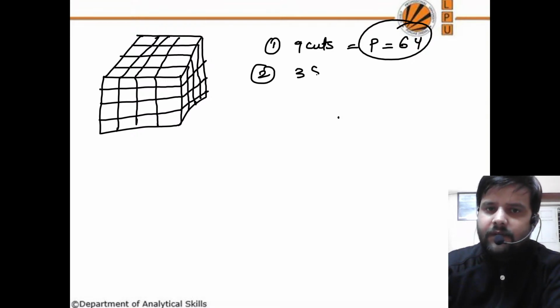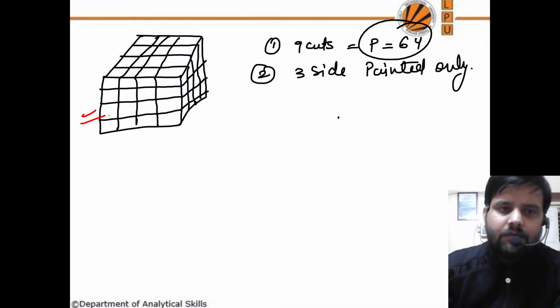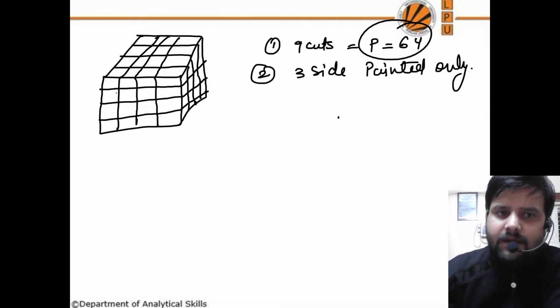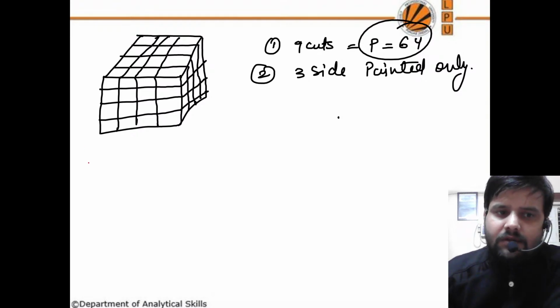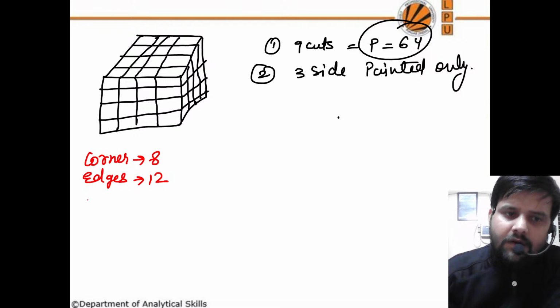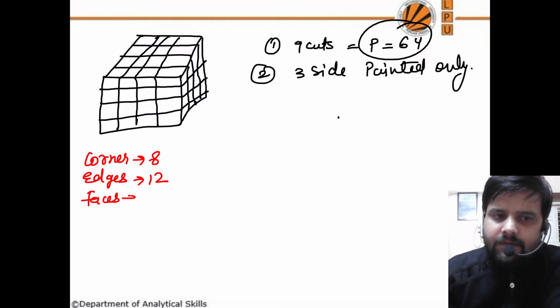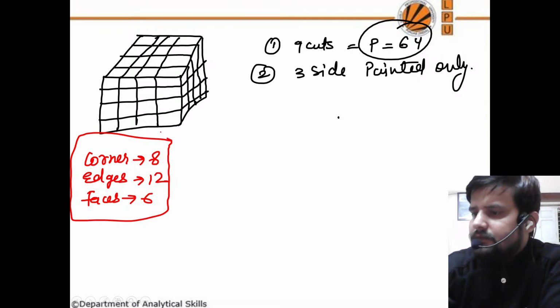Second question, 3 side painted. For this, now observe this face of the cube. And remember this data also: number of corners in a cube is 8, number of edges in a cube is 12, number of faces in a cube is 6. Got it?